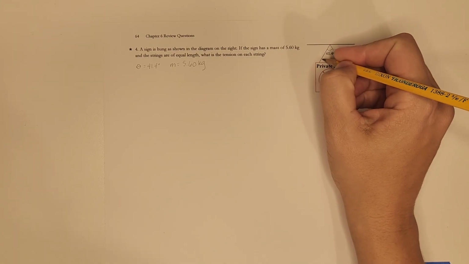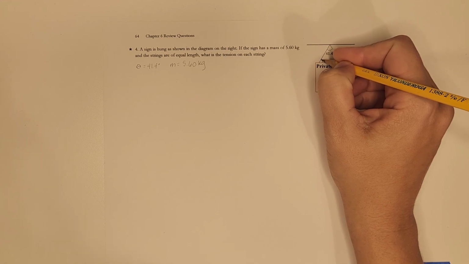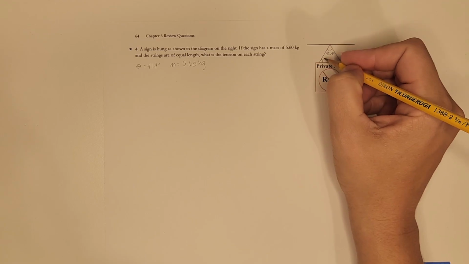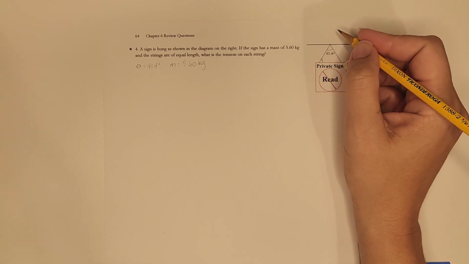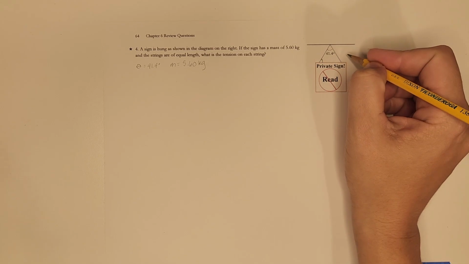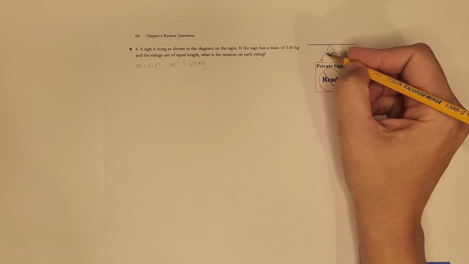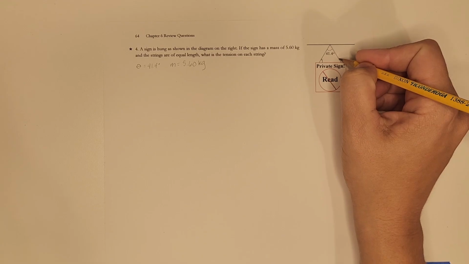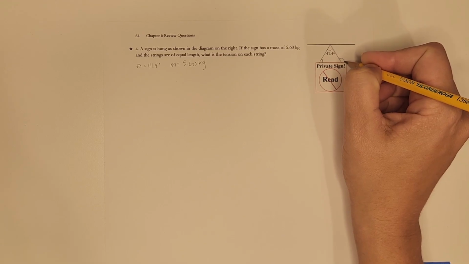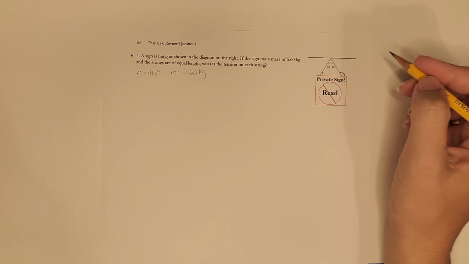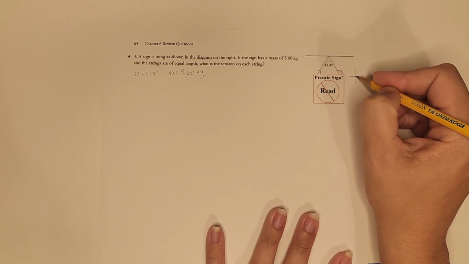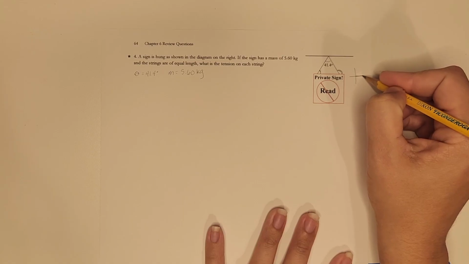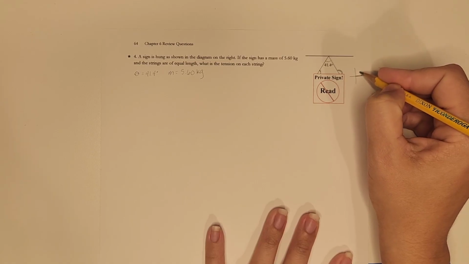For this type of problem, we're going to need the angles that are connecting the string to the sign. Specifically, we need the physics angles. So we need this one right here, as well as this one. Remember, our physics angles are always coming from this point here and going this way.